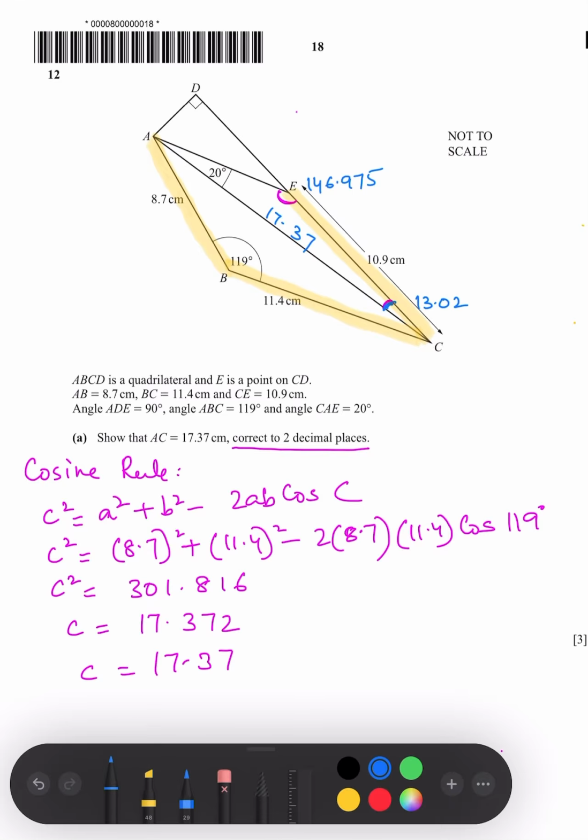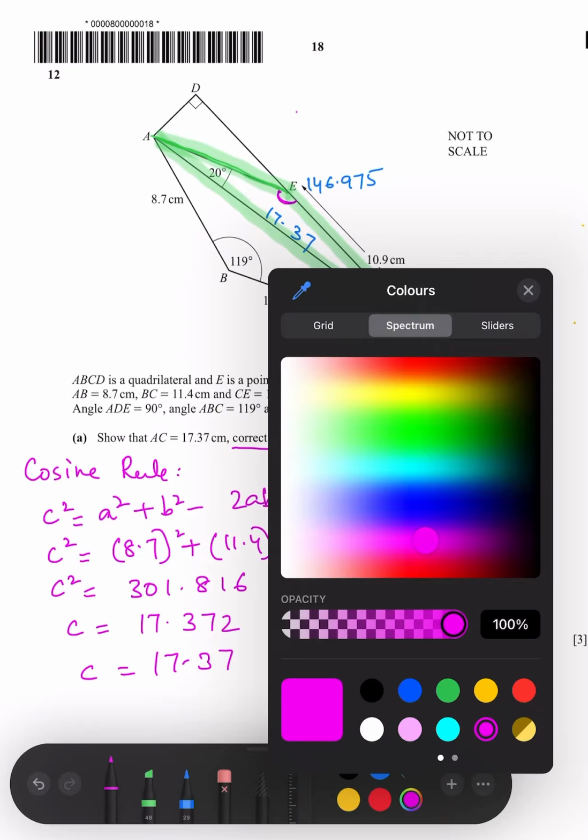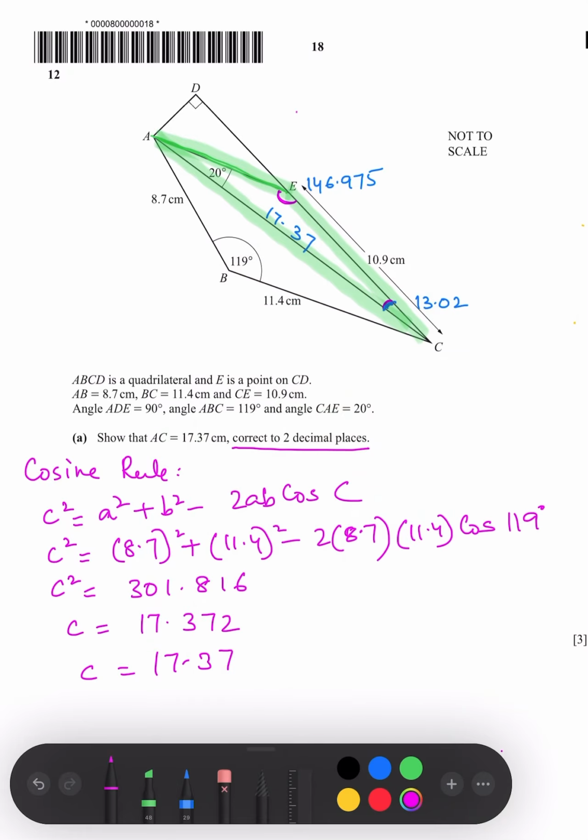So first we have to calculate this side. If we consider this triangle, all three angles are given and two sides are given, so we can apply the sine rule or the cosine rule. Both we can apply.